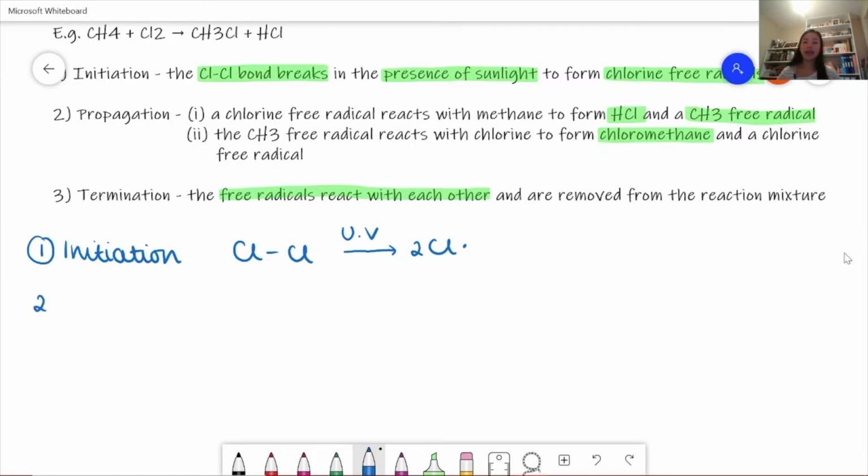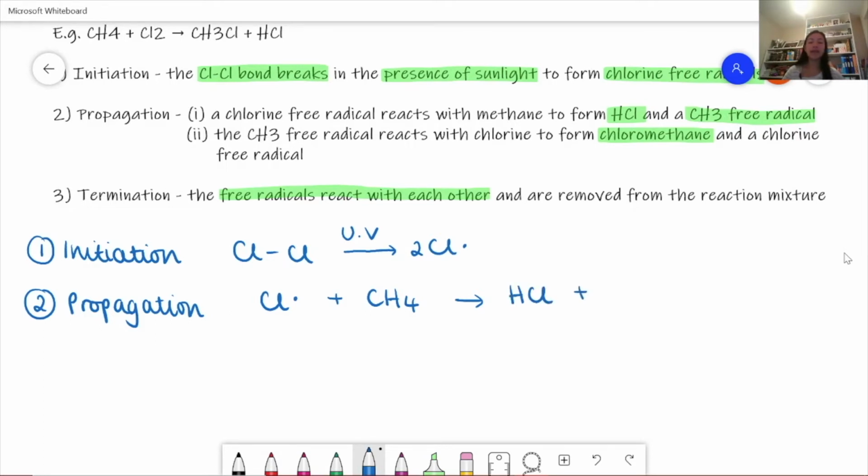And so the second step is propagation. And what happens first in the first step is that a chlorine free radical will react with the methane that we have, and the free radical will take away one of the hydrogens from the methane, so we'll form hydrochloric acid.